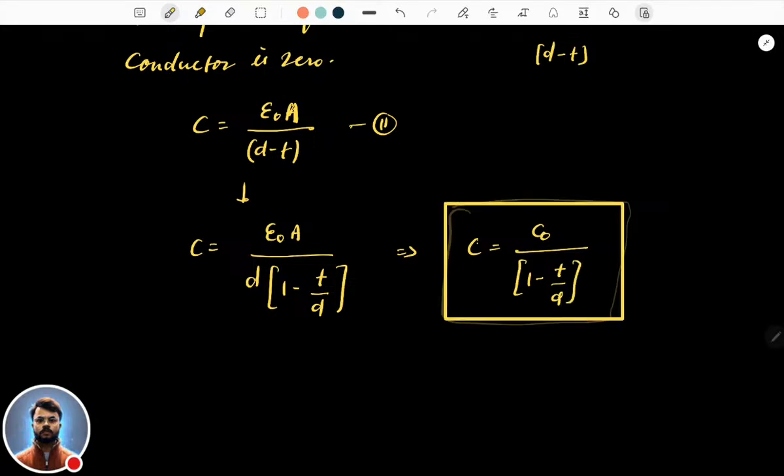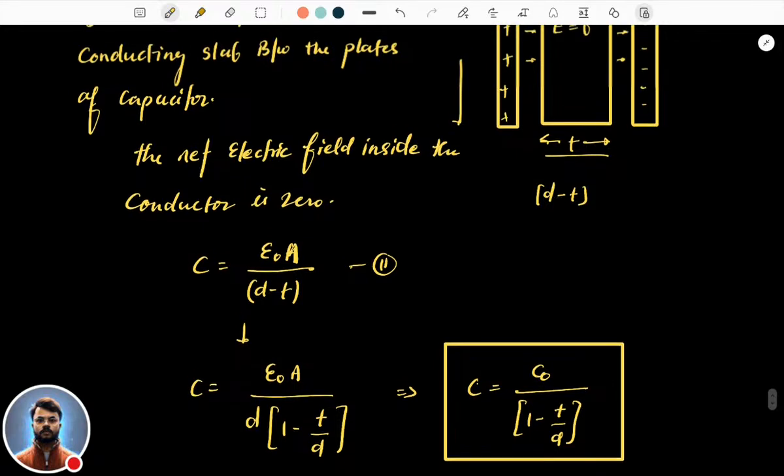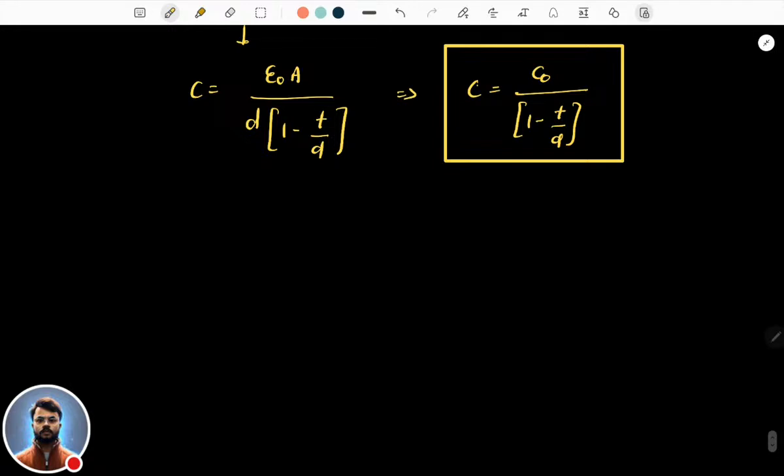Here we can see that the capacitance is increased when we introduce a conducting slab, because the denominator keeps decreasing, so the total value of capacitance increases.